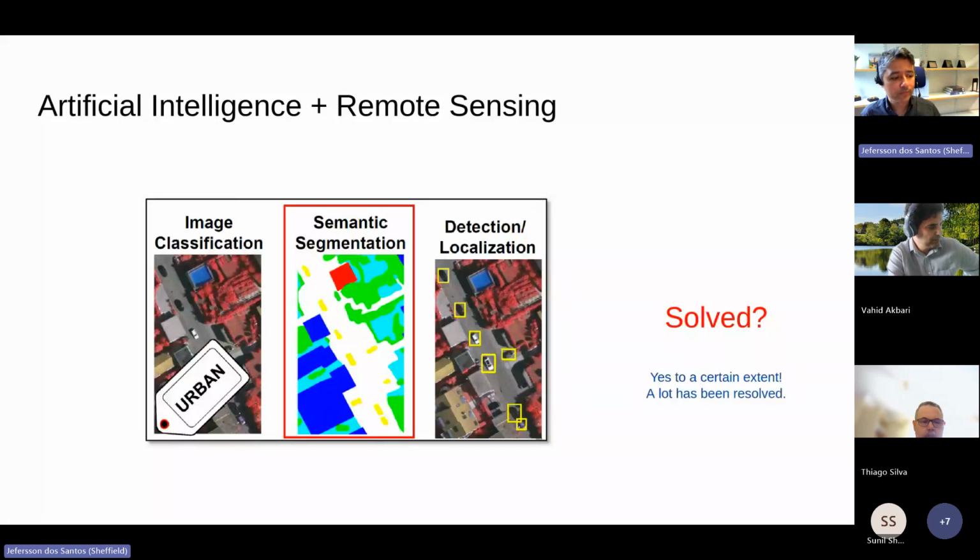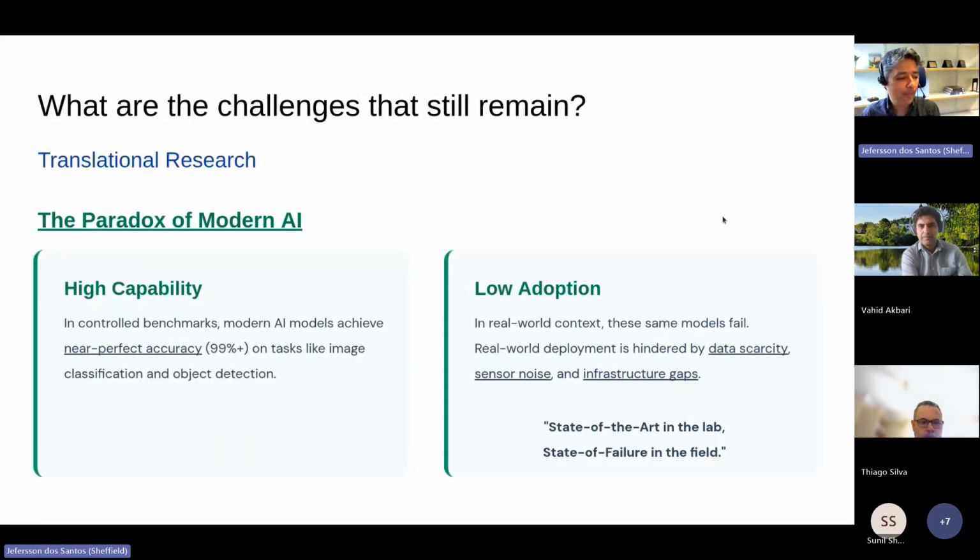A lot has been solved. Some of you have probably tested deep learning strategies already, YOLO or Mask R-CNN or a simple AlexNet, and you have seen very nice accuracy in benchmarks. So the answer is yes in some way, but we have a lot of other problems to solve.